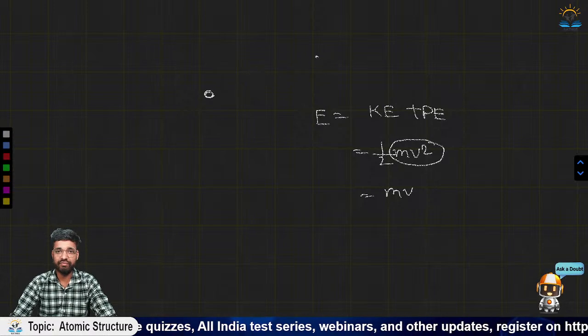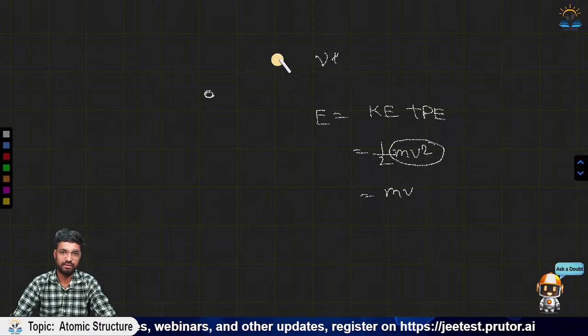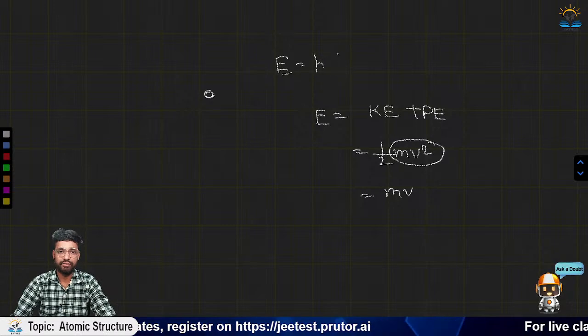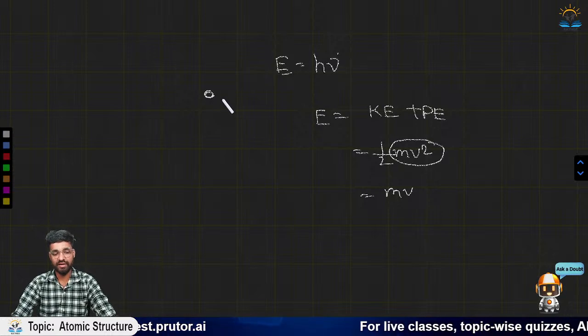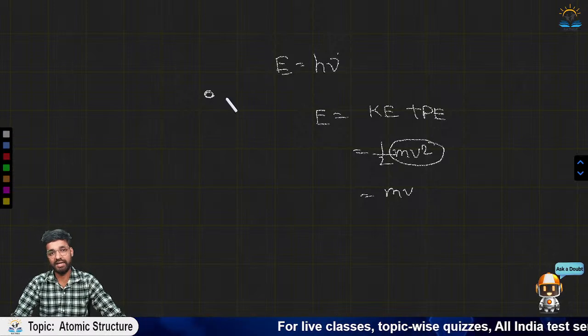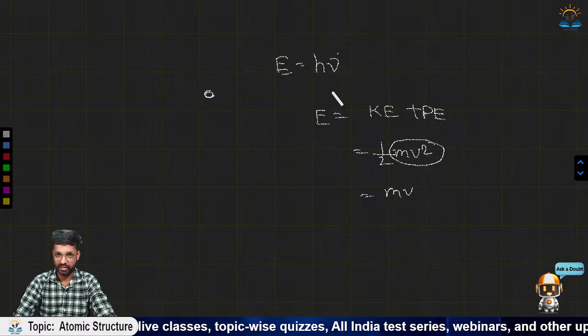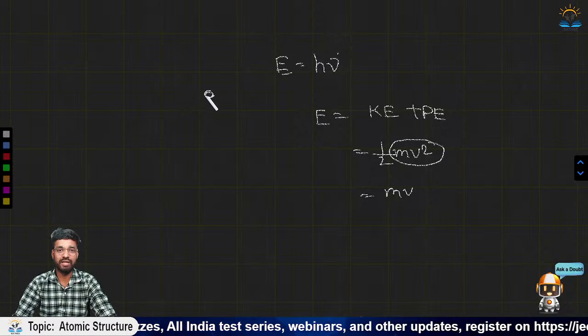If we increase this frequency, the energy of that incident ray, E equals h nu, we know the formula. Since this electron is small, we have to apply a very high frequency to observe it. So we will provide a higher energy incident ray, and this will change the momentum of this electron.